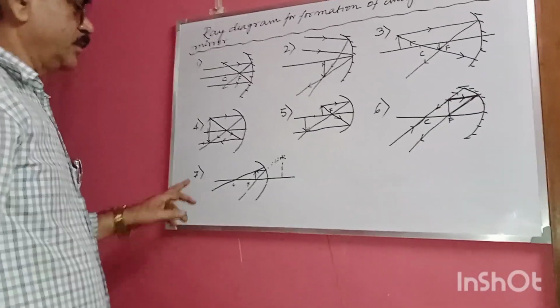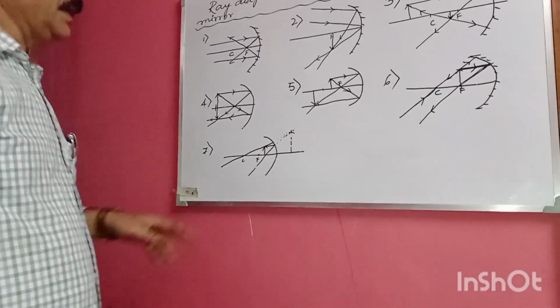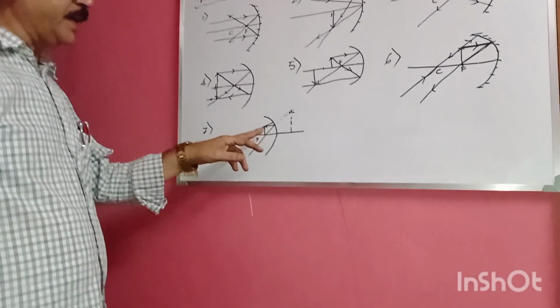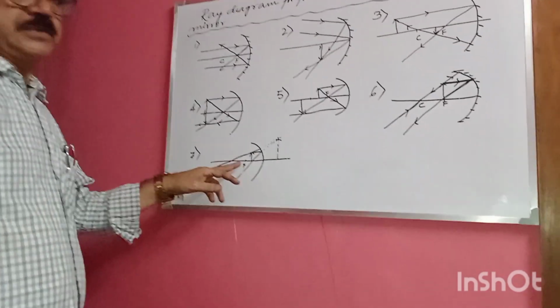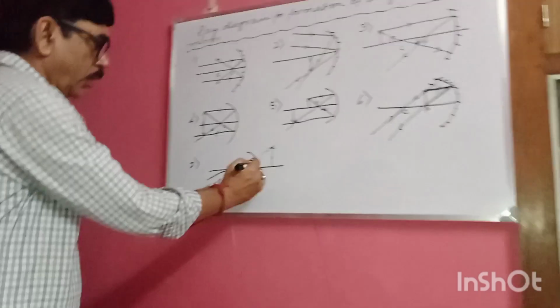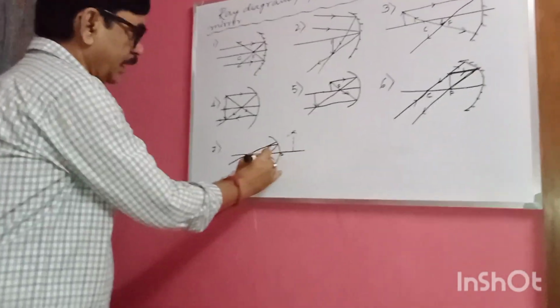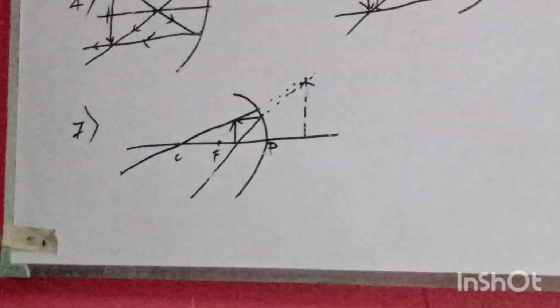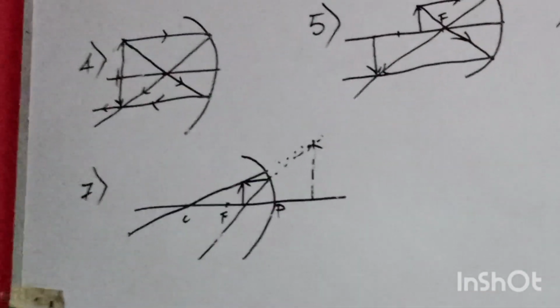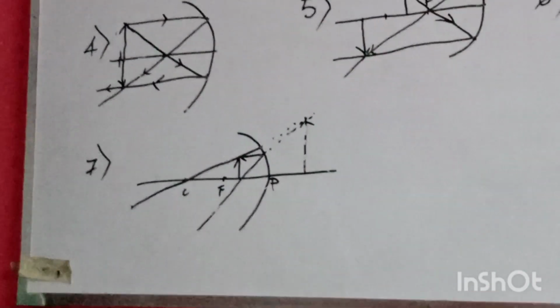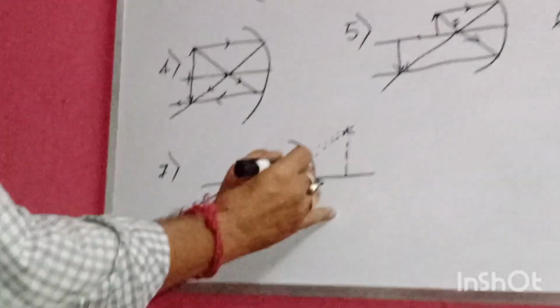Number 7 diagram. Here the object is located in between pole and focus. Look, it is the pole and it is the focus. In that case, a virtual image is formed. Look, this ray is parallel to the principal axis.